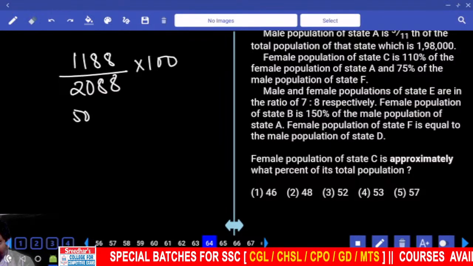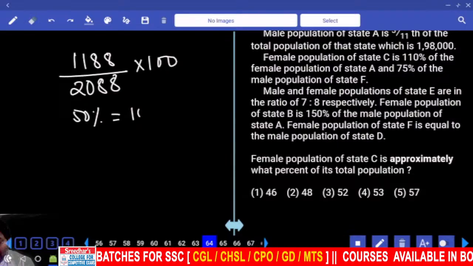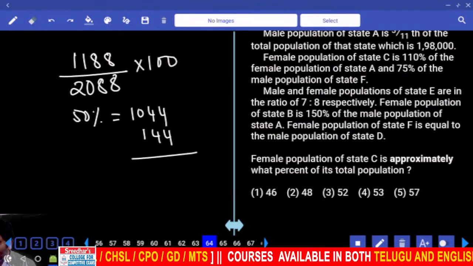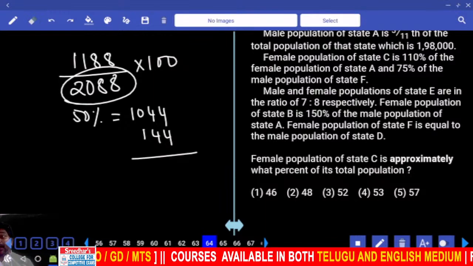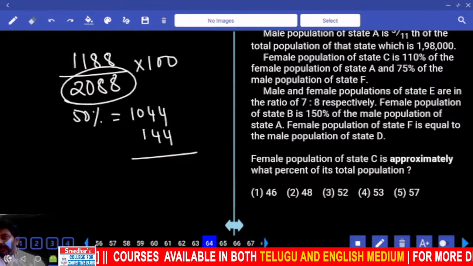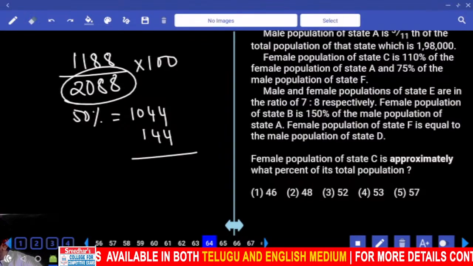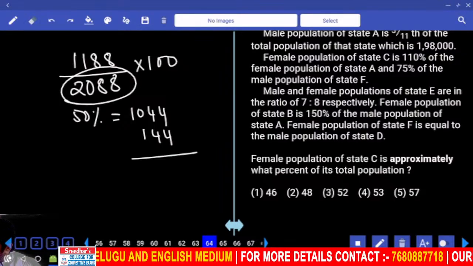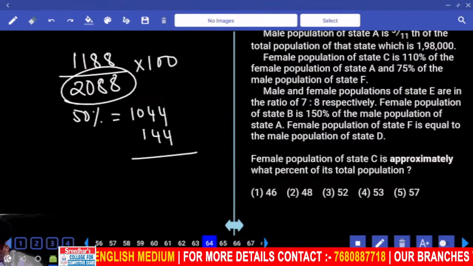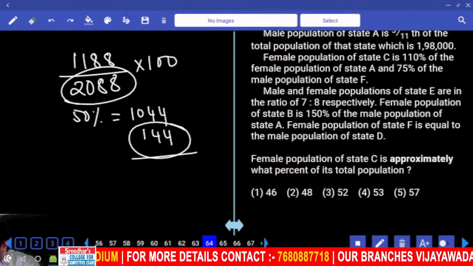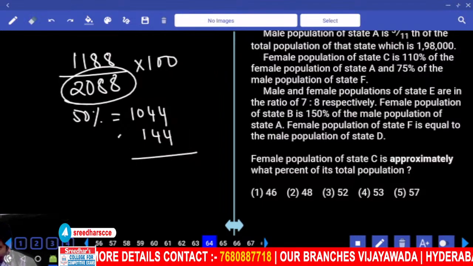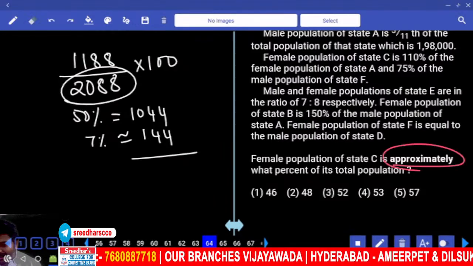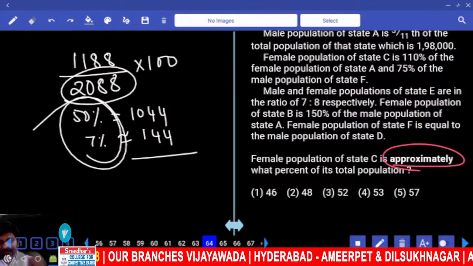What is 50% of the denominator? 10. That means you have to add again 144. What is 1% of the denominator? 20.88. Approximate 21. 7 21s is 147, and we have to add 144, which is approximately 7% only. Answer again approximate only. That's all.